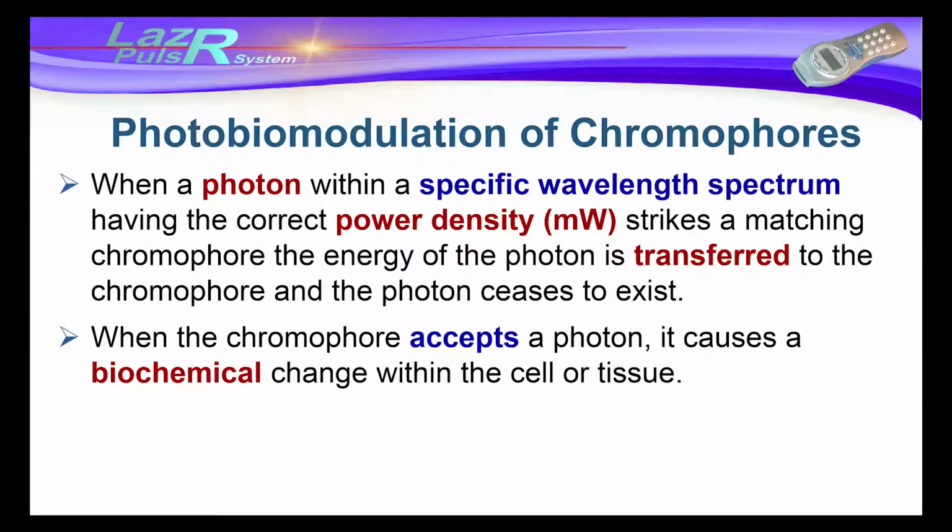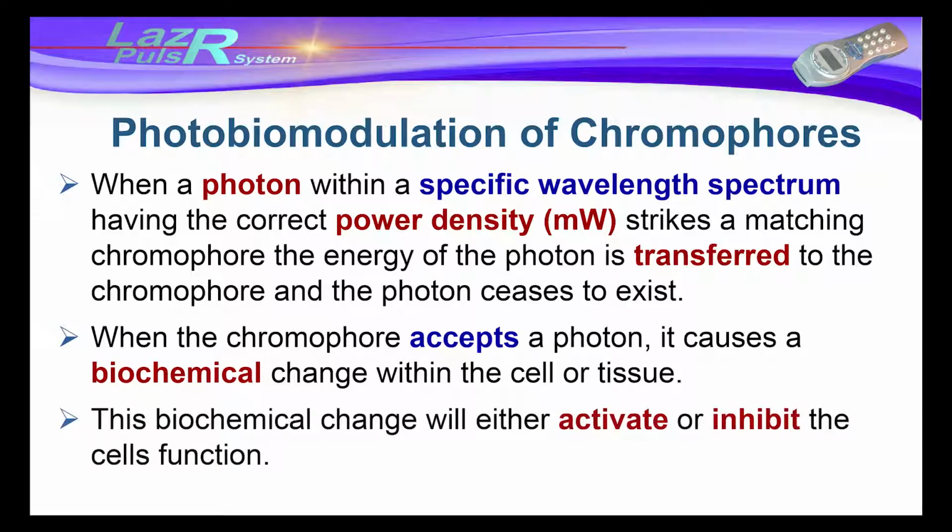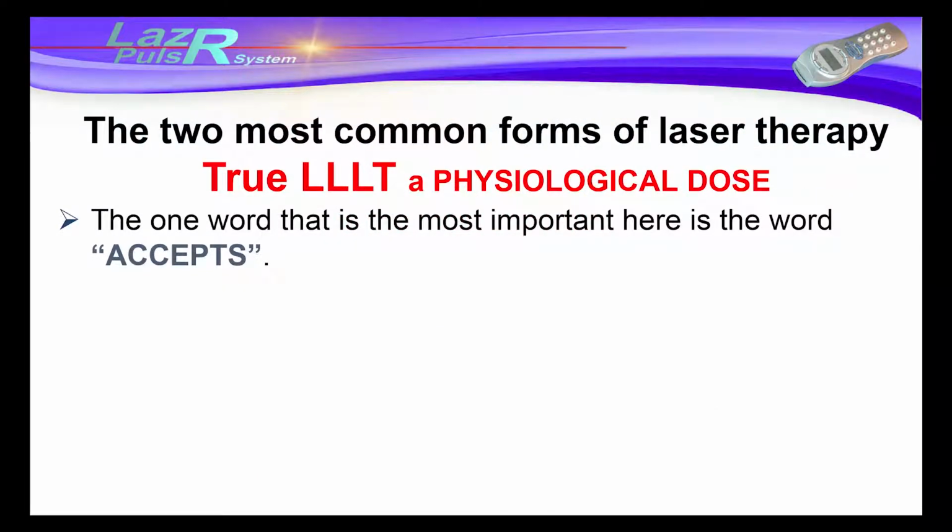When and if the chromophore accepts a photon, it causes a biochemical change within the cell or tissue. This biochemical change will either activate or inhibit the cell's functions. The one word that's most important here is the word accepts.